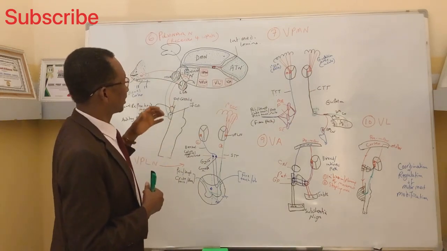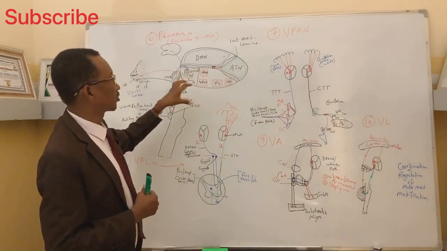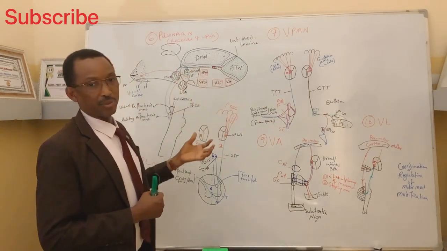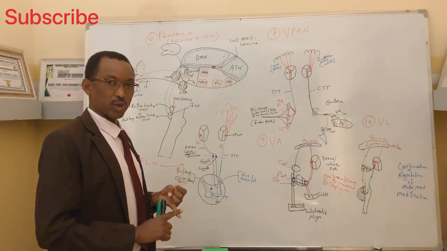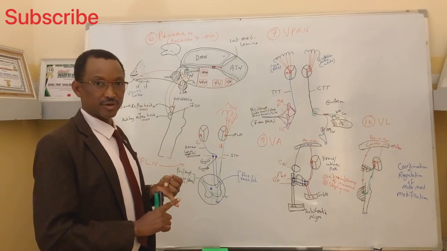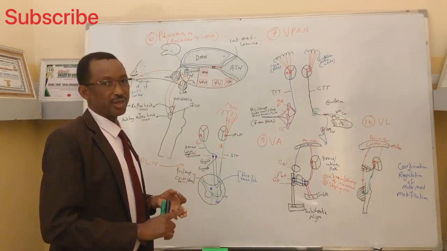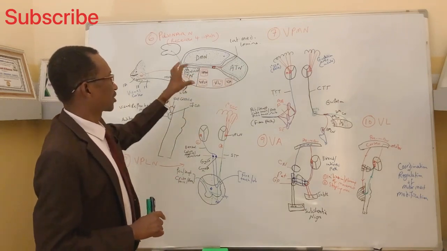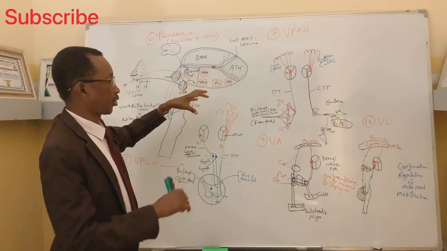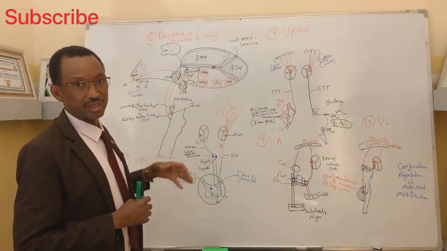As I said, I've already discussed 5 nuclei of the thalamus. If you can remember, I mentioned that the thalamus has 3 major functions: the first is the sensory function, the second is motor function, and the third is limbic function. All the nuclei of the thalamus center on these 3 major functions.